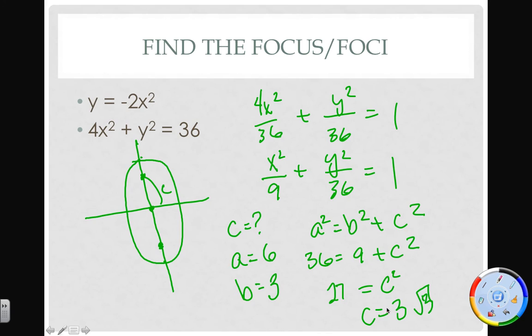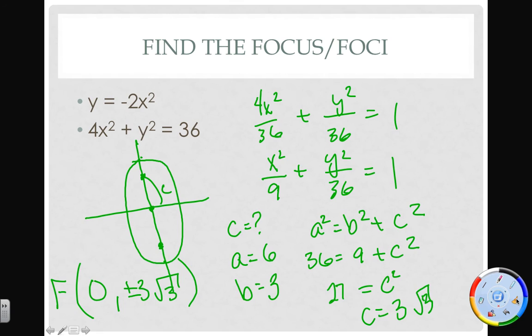Well, that found the C value, which means my focal points are plus and minus, oops, sorry, not that direction. Because it's vertical, it's 0, comma, plus or minus 3 root 3. There you go, that answers your question.